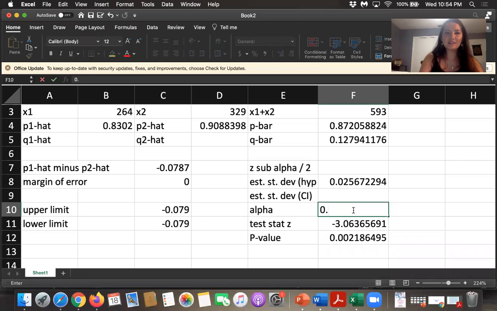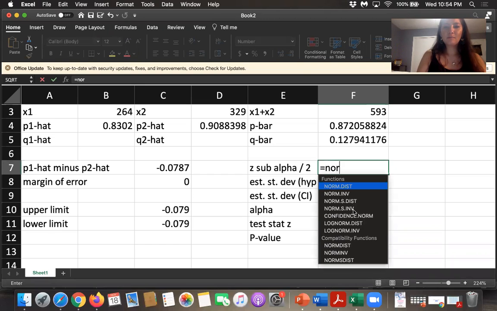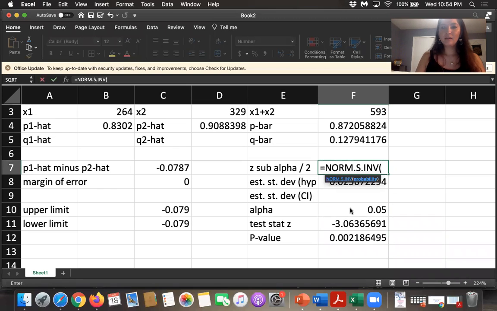Alpha in this case is 0.05. And z sub alpha over 2 would require us to use the NORM.S.INV function. So it's norm.s.inv, and then it asks for the probability. That's the area to the left of that top critical value.